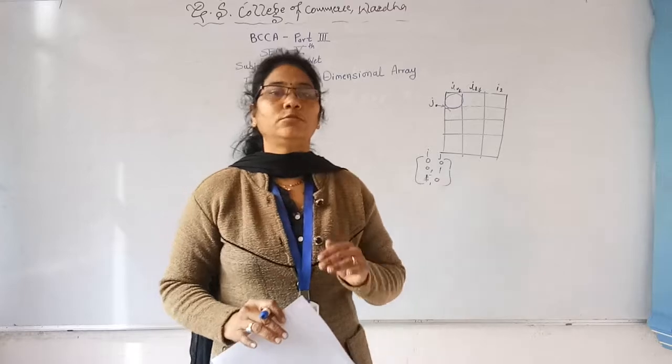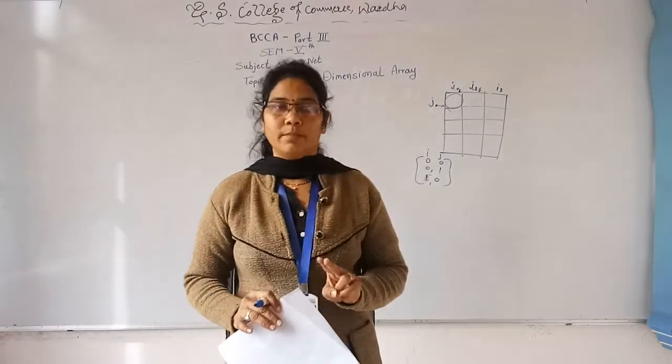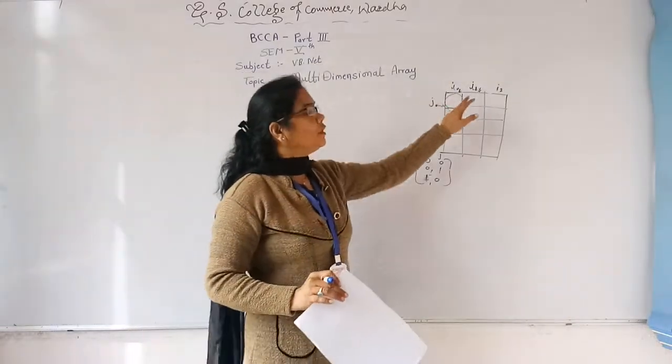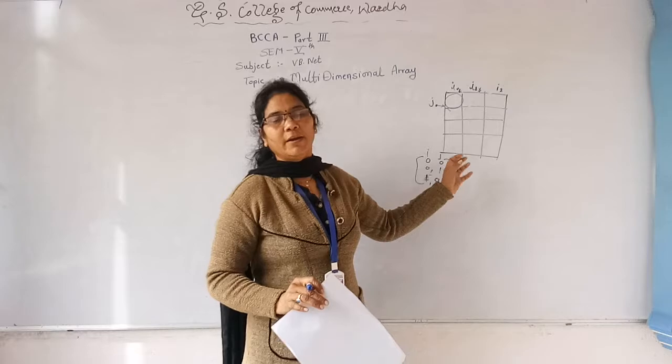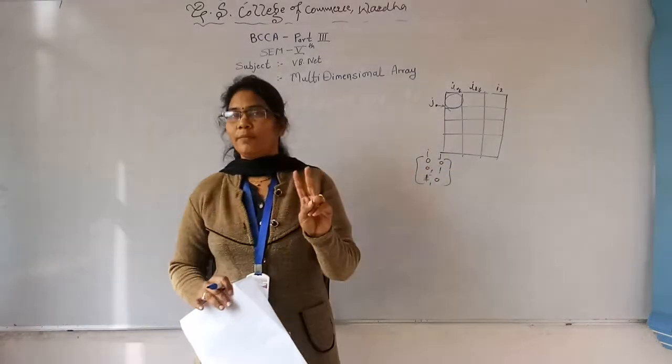So we have to use two index values, two index numbers or two index variables, for referring to a particular array element from a multi-dimensional array. Here we consider a two-dimensional array.